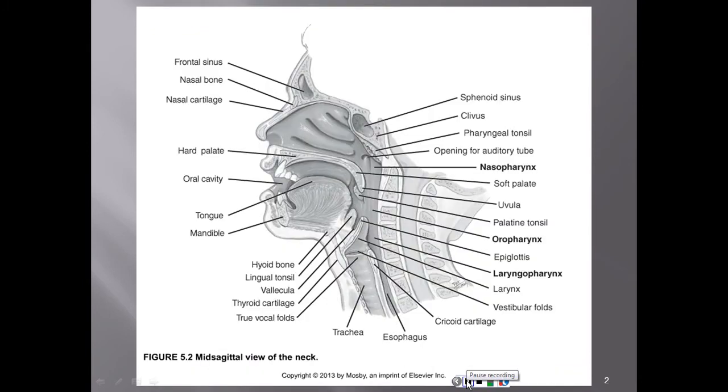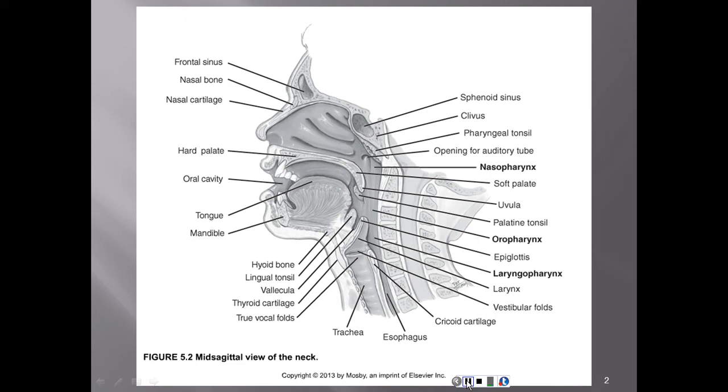This is a great illustration of the neck area, and you can see the nasal passages as well as the nasopharynx, oropharynx, and laryngopharynx. The organs include, of course, what we just mentioned: the pharynx, larynx, esophagus, trachea, salivary glands, thyroid gland, and cervical lymph nodes. The nasopharynx is the most superior portion of the pharynx.